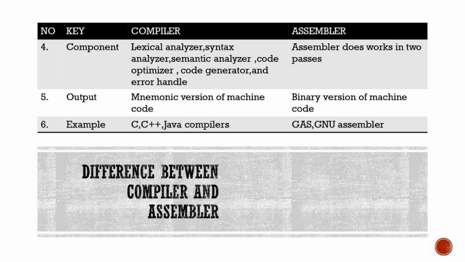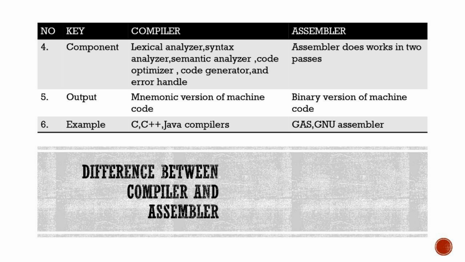Number 4. Component. The components of a compiler are the lexical analyzer, syntax analyzer, semantic analyzer, code optimizer, code generator, and error handler. Assemblers work in two passes. Number 5 is output.